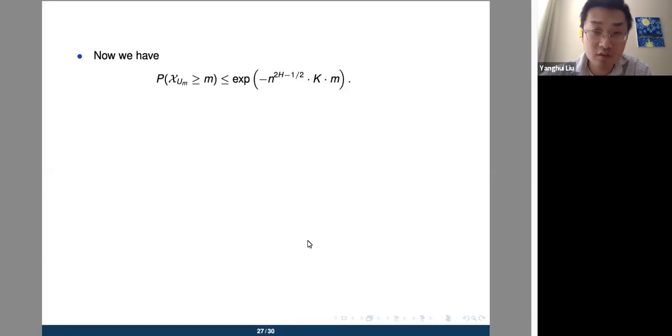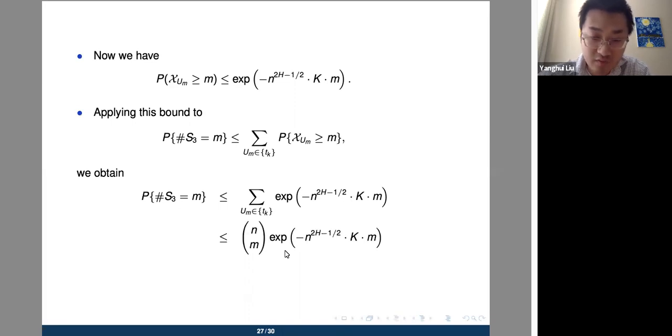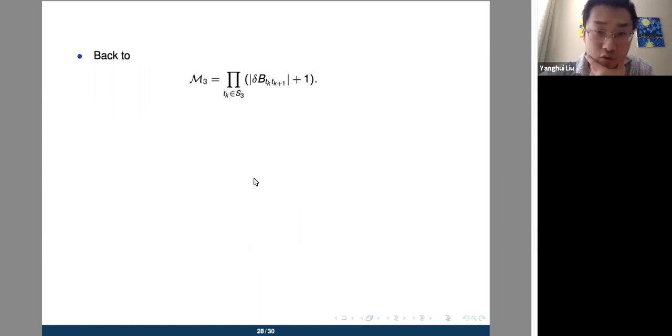This is just what we just got. Back to S3, we can sum up all the tail estimates, and we get a tail estimate for S3. You see the terms in the summation are independent of the choice of the subset. So we just count the number of partitions, which is n choose m. Once we have the tail estimate for S3, let's get back to M3.